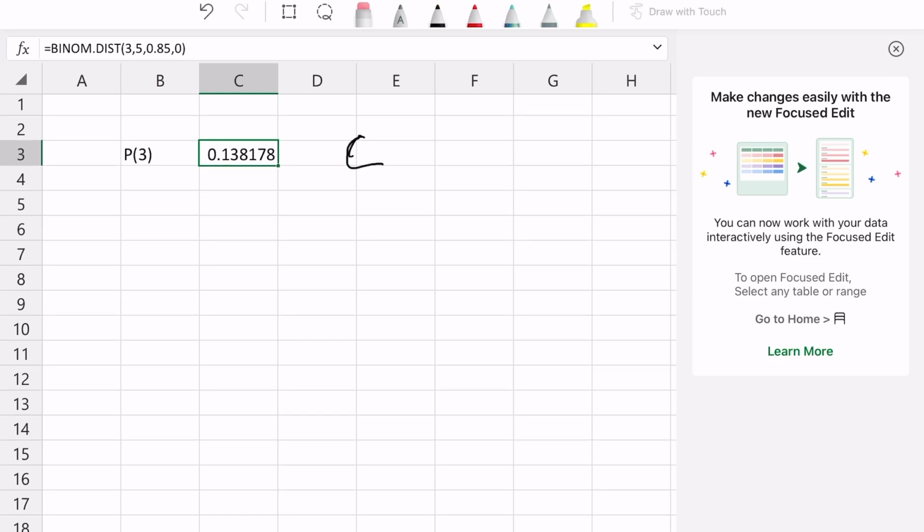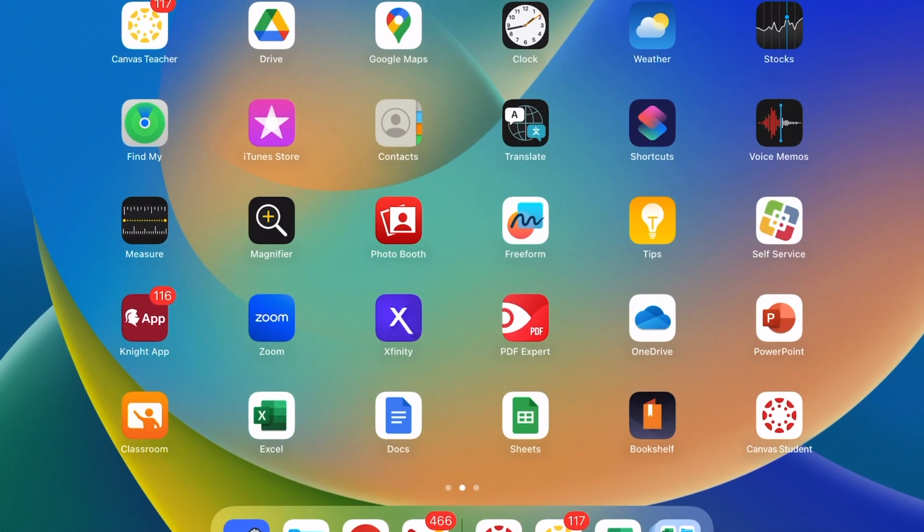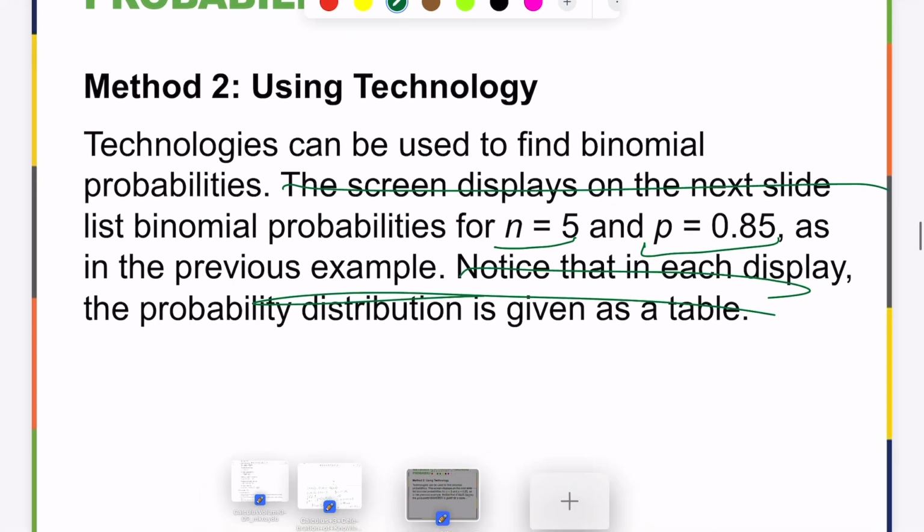Oh boy. Cumulative gives. Okay, well, I don't need to draw on that. I'm going to go back to Notability.